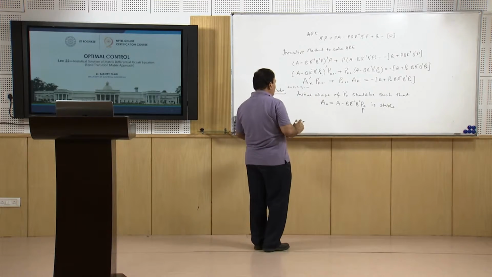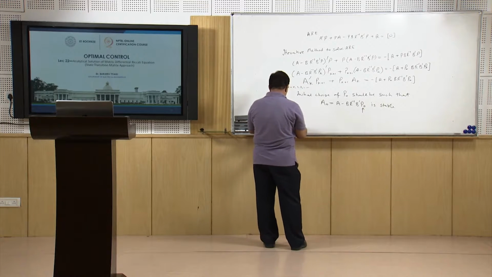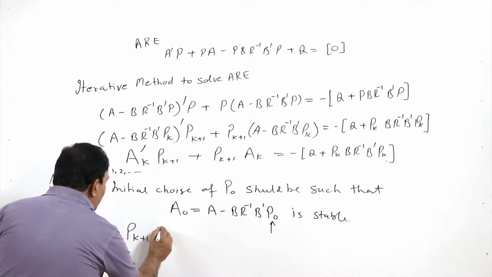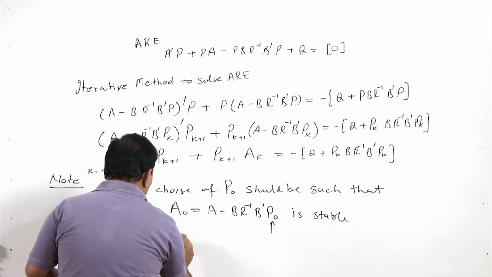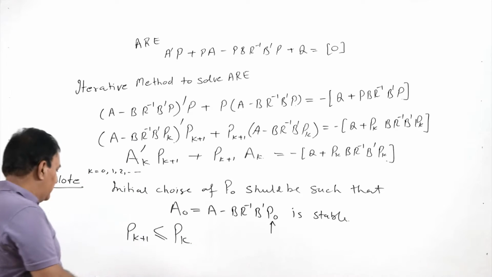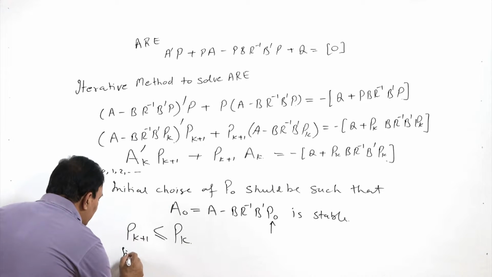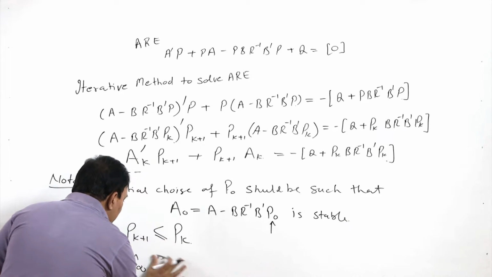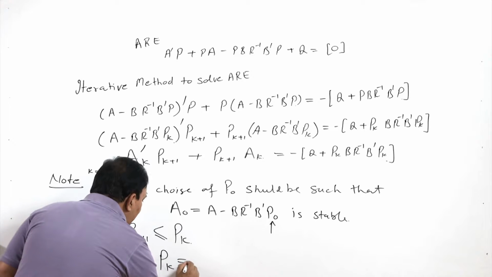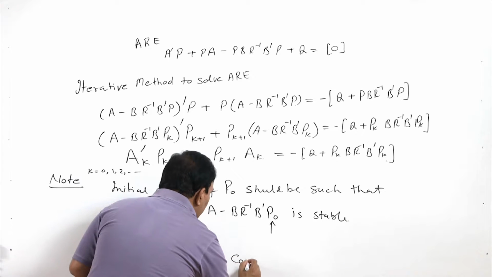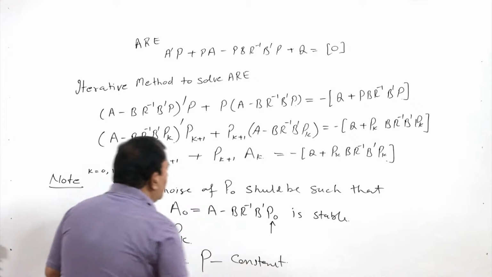If I start with this, I have to ensure that Pk plus 1 is less than or equal to Pk, and as k approaches infinity, Pk approaches P, a constant matrix.